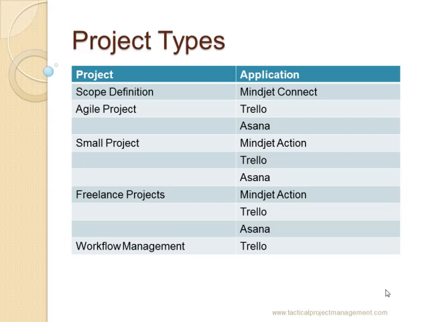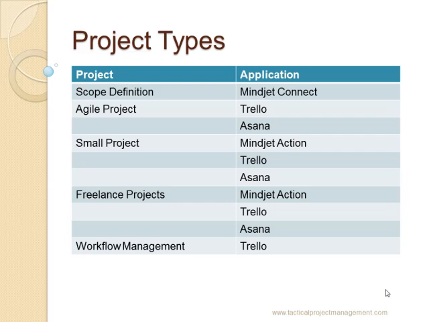Now, if you have smaller projects, this is where Mindjet Connect Action really will help. If you build out your high-level list of all the tasks that we need to complete on this project, let's say you're doing a fundraising campaign, or you're preparing for an upcoming seminar, you have everybody brainstorming around what are those different tasks they need to accomplish.